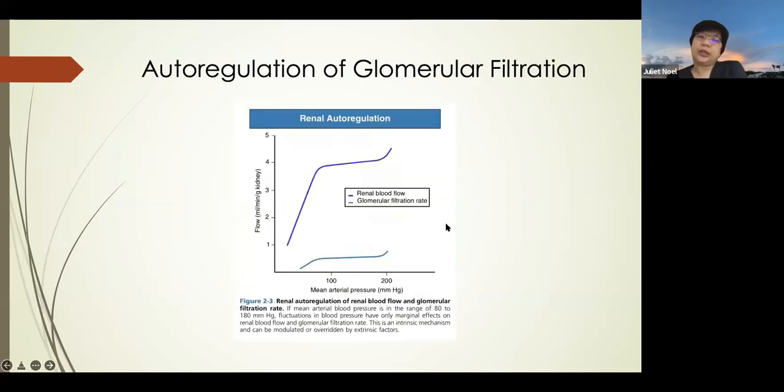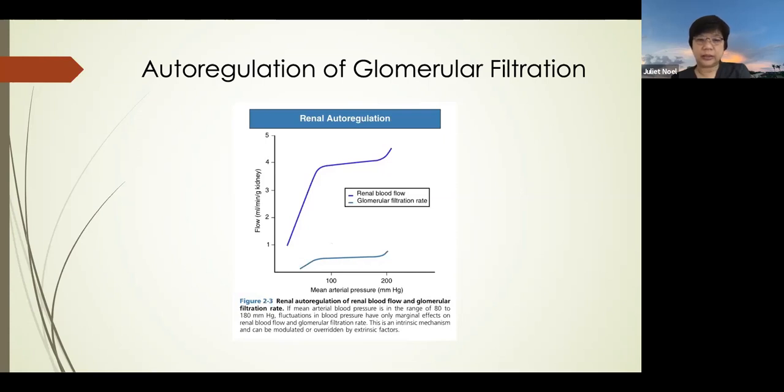How about the autoregulation of glomerular filtration? Even if we have a fluctuation of blood pressure, it does not affect that much the renal blood flow.